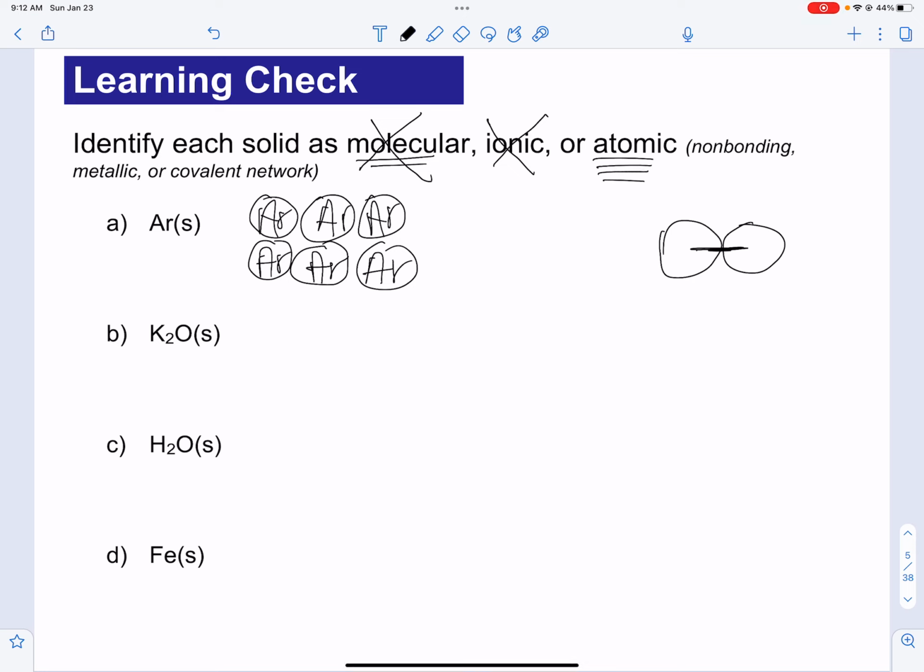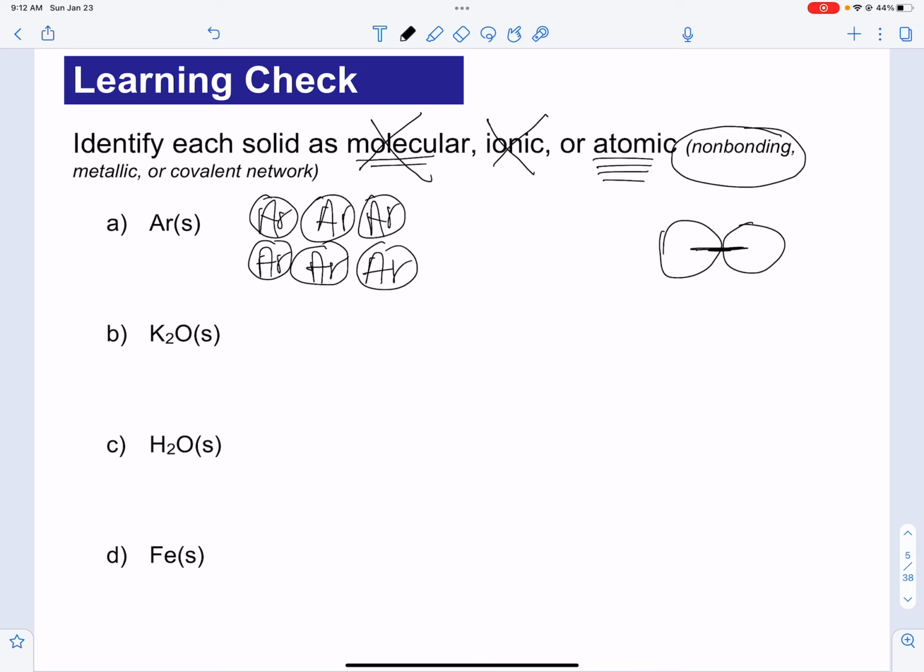And I just told you, this is a noble gas. It cannot bond. So this is going to be a non-bonding atomic solid. The only thing keeping it together like a solid is the intermolecular forces. And as you learned in chapter 12, probably there's a lot of pressure put into it to make it into a solid. Remember the phase diagrams?